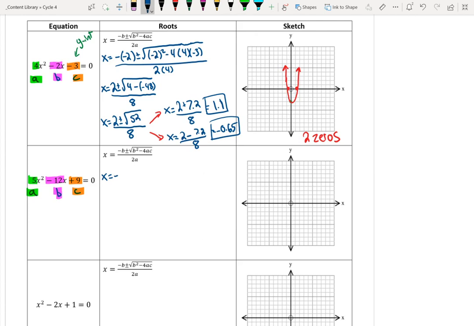So I'm going to have -12 plus or minus the square root of -12 squared minus 4 times 5 times 9, all divided by 2 times A, or times 5.